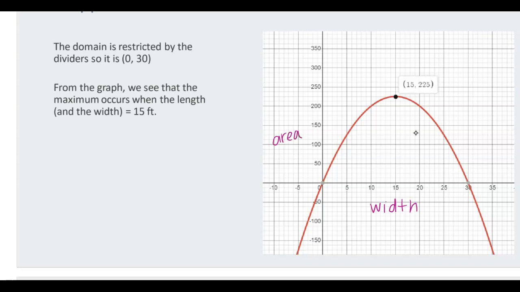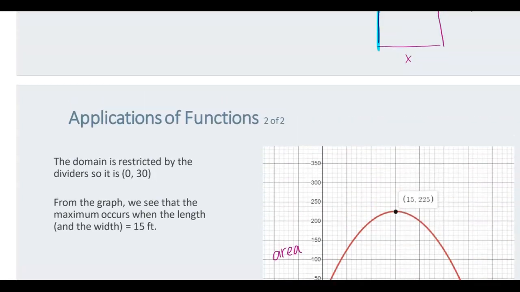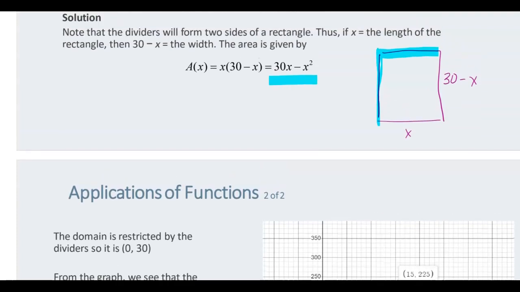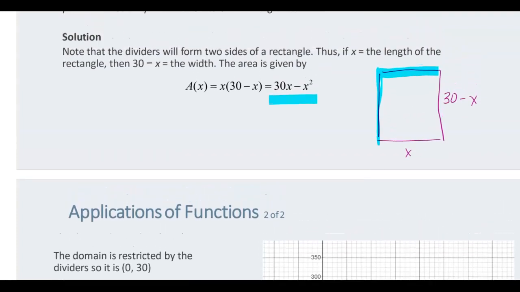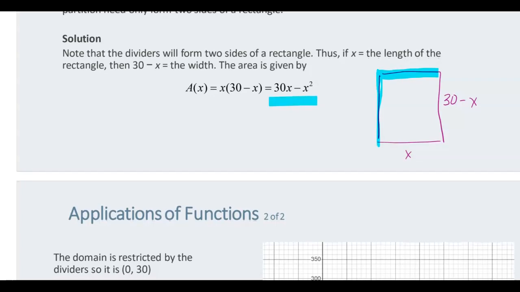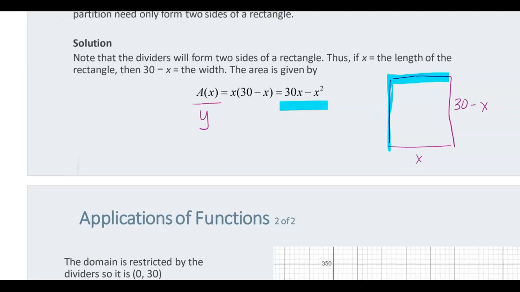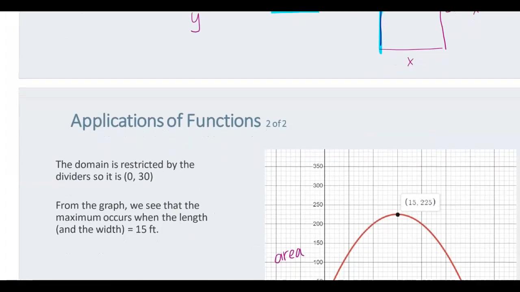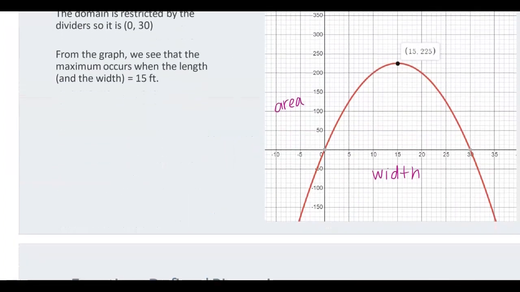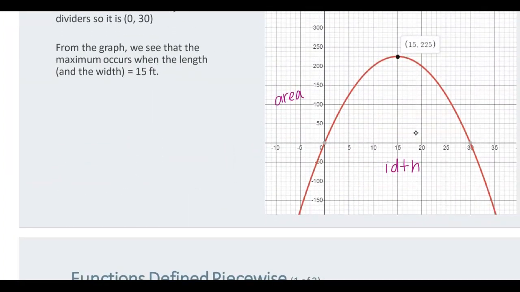Looking back at our function that we had, the variable x was the length or width, right? And I guess they're calling it length, but this is the y value where we're plugging in the variable x, and so that's going to be the area. So I'll change this to length.